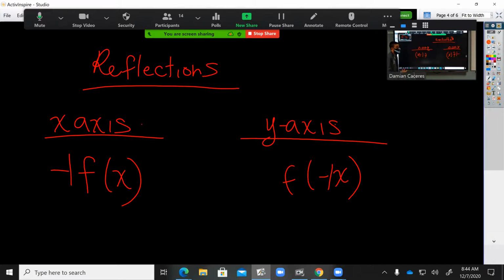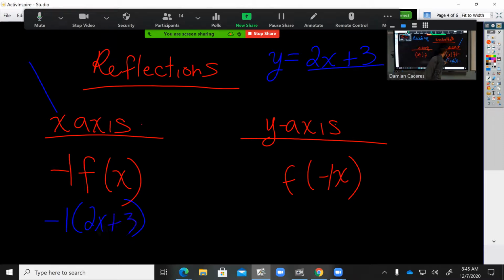But I do want to explain to you how this changes an equation. So let's say the original equation is y equals positive 2x plus 3. That means that, let's say it's an x-axis reflection. That means negative 1 has to be multiplied by the whole equation, which is 2x plus 3.